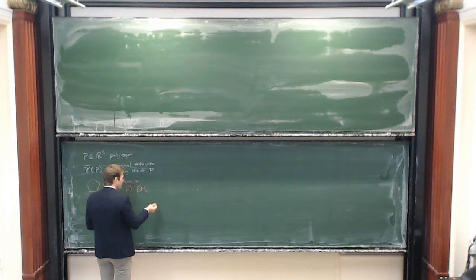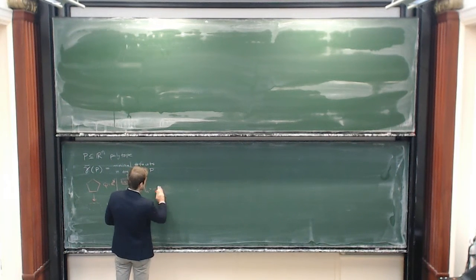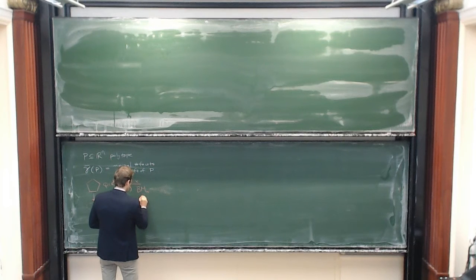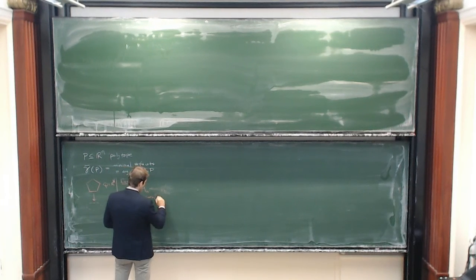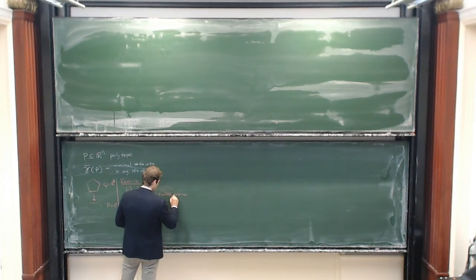So if we define the bipartite matching polytope, I'll be a little bit informal here, this is the convex hull of bipartite matchings, perfect matchings in the complete bipartite graph K_{n,n}.